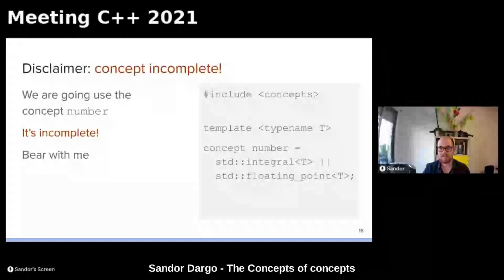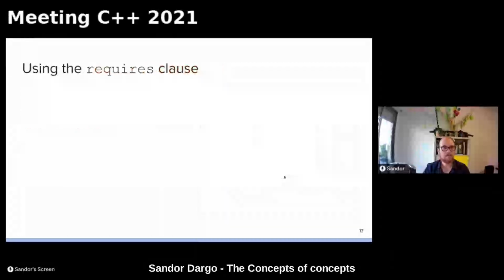We'll discuss how to fix it at the end. But it's something short and easy to use for the examples. So we have this concept number, and we say that we accept any integral or floating point numbers. And first, we are going to use the requires clause.